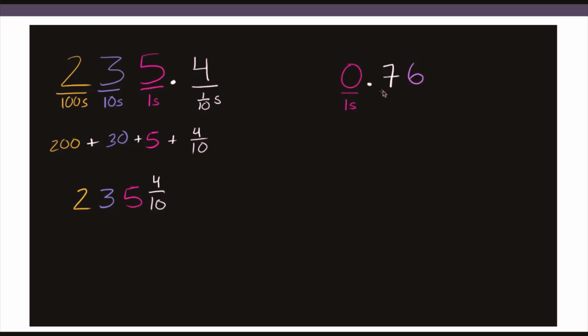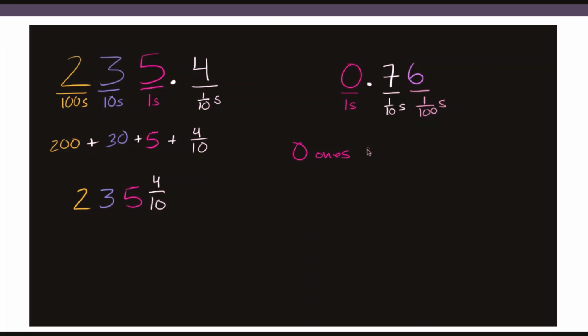On the right hand side, the value of 7 is tenths, and the value of 6 is hundredths. Again, this is not hundreds or tens, this is tenths and hundredths. There is a difference. So let's see, it's 0.76. The value of 7 is 1 upon 10, and the value of 6 is 1 upon 100.